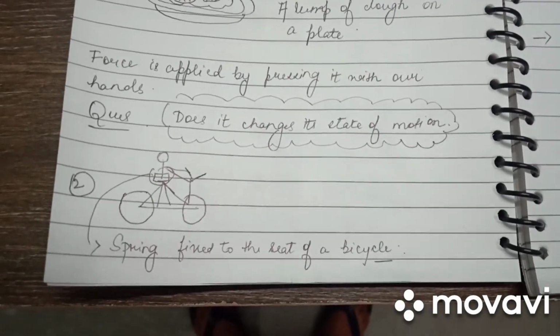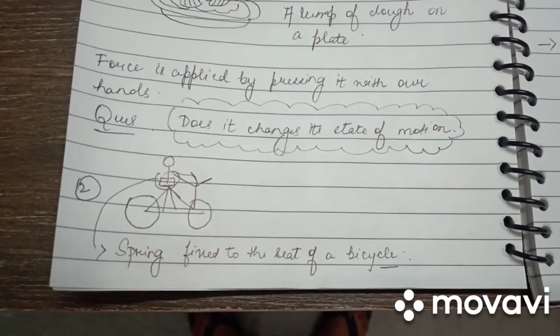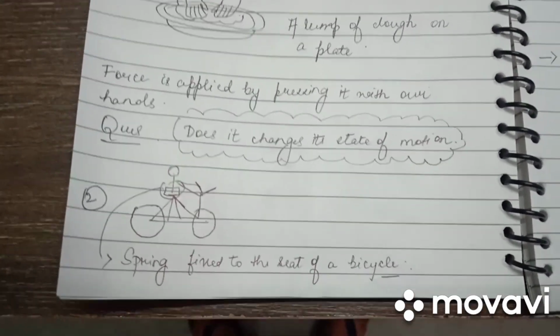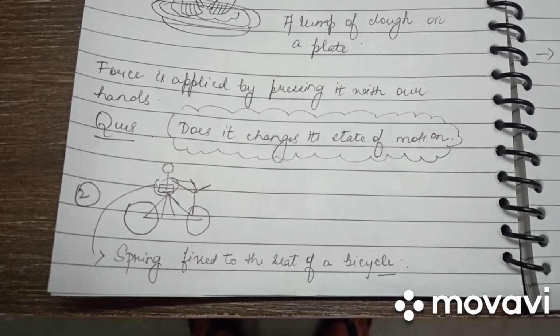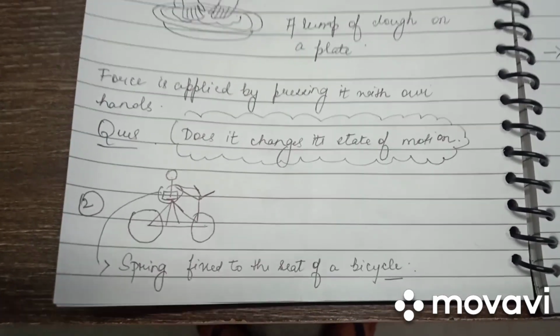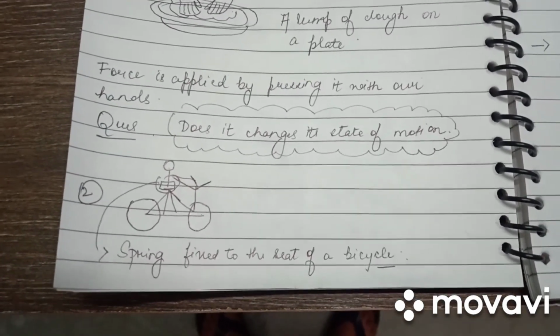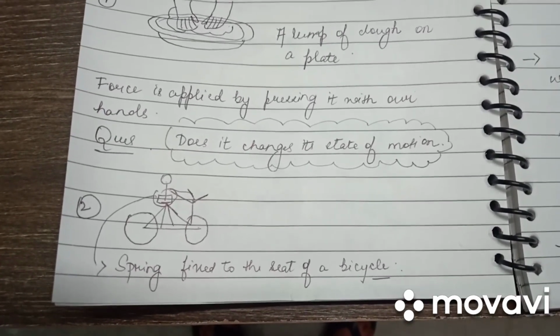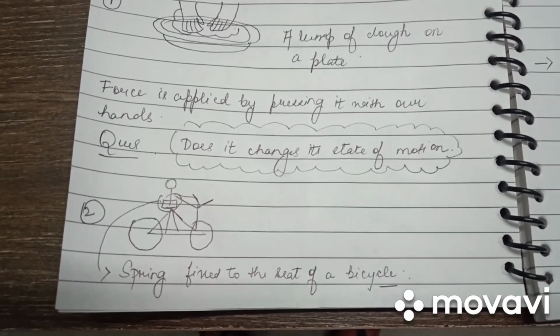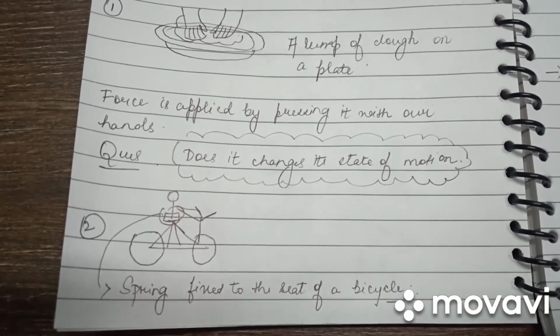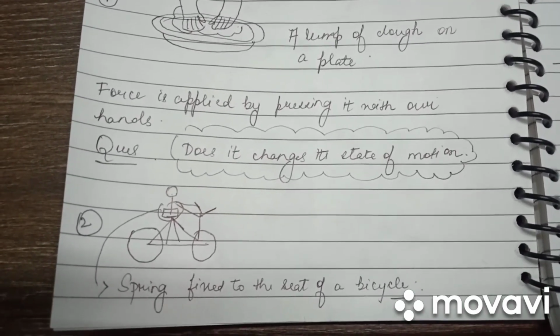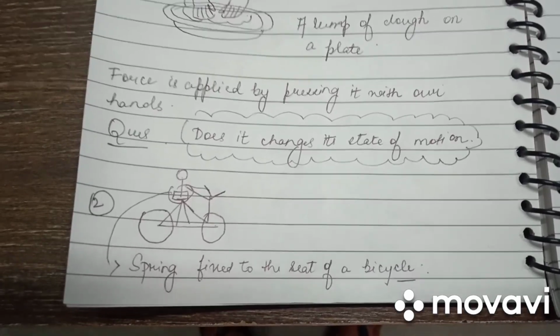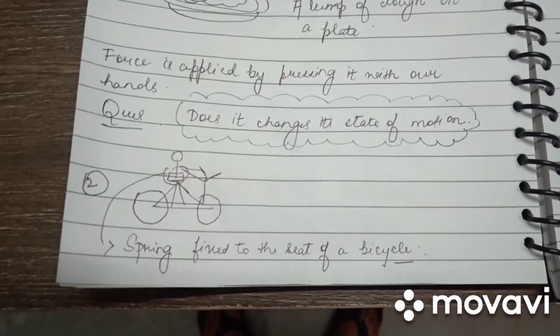Moving on to the second example, we can see that a person is seated on a bicycle, as a result of which the person is constantly applying certain force on the seat of the bicycle. Now, what can be said about this situation? As the person is seated on the bicycle, there is a constant force being applied by the person on the seat, as a result of which the springs attached beneath the seat undergo a compression.